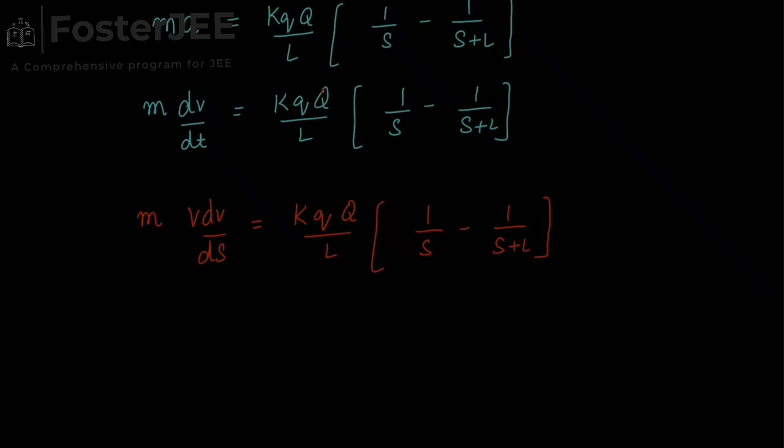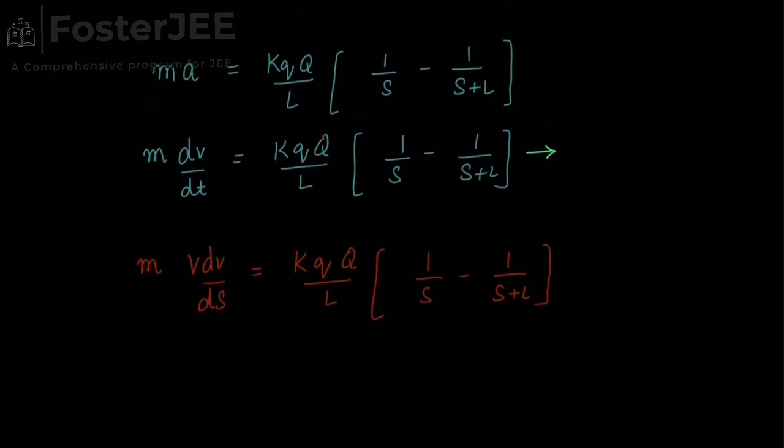Or we can also use the chain rule in calculus from this step, as we have discussed in one of the previous problems, that this can be written as m dv by ds times ds by dt, and we can see this ds by dt is nothing but v, so this becomes m v dv by ds, and hence these terms are the same.